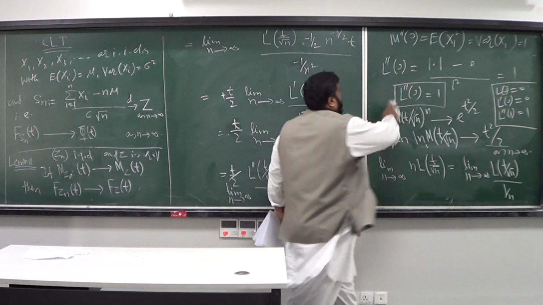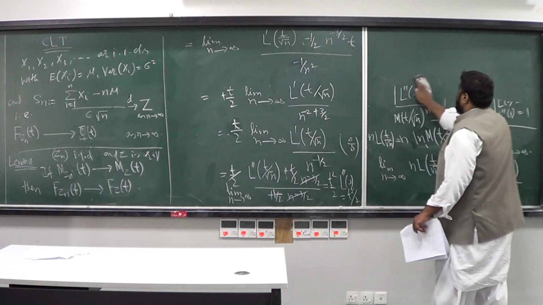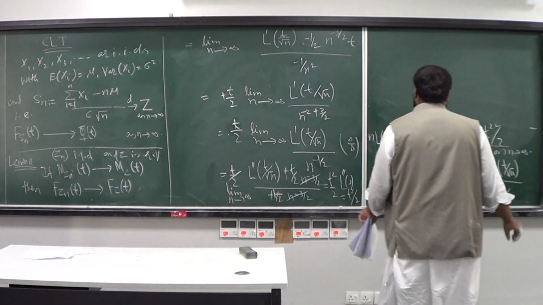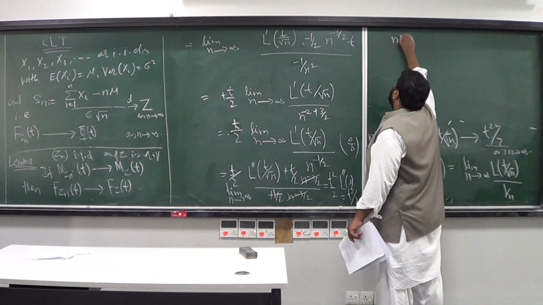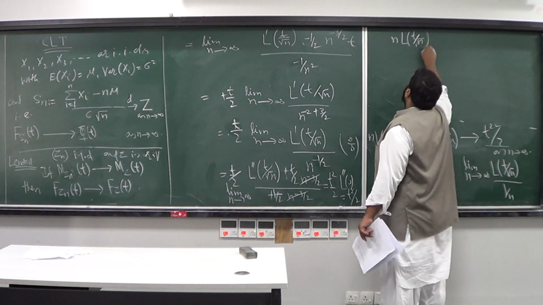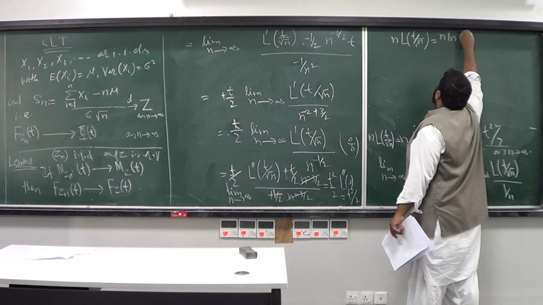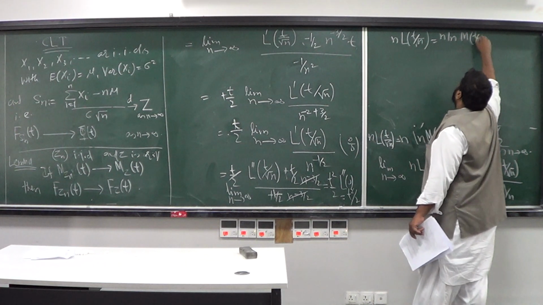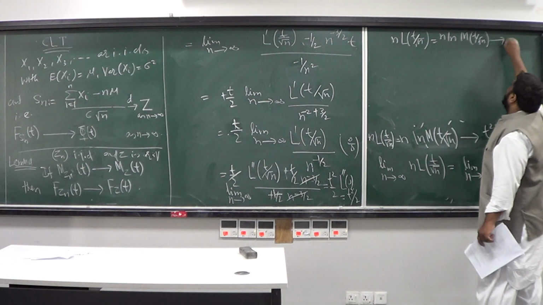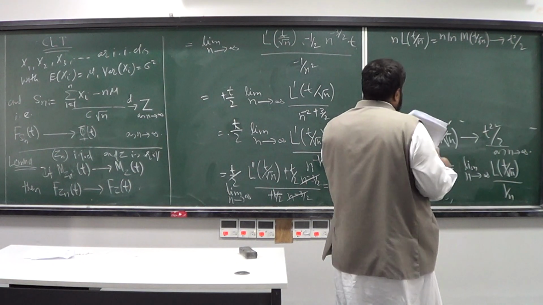Now let's collect what we have shown so far. I have shown that n multiplied by L of t over square root of n, which is basically equal to n log of m of t over square root of n, converges to t square over 2.